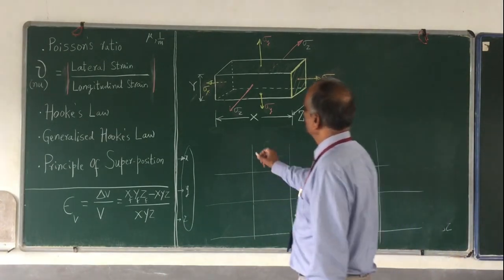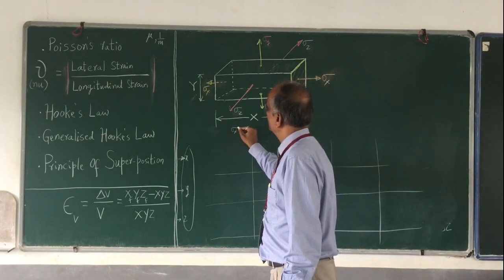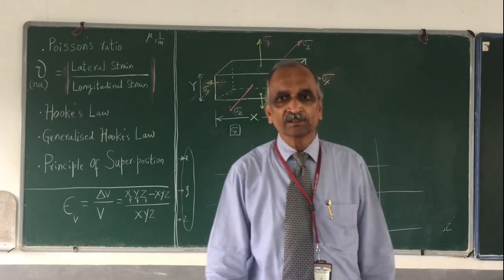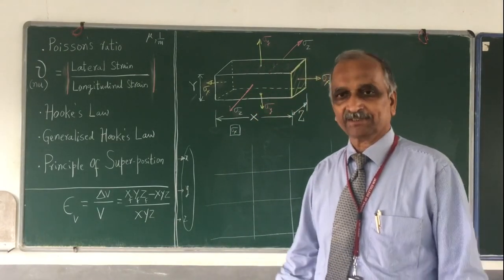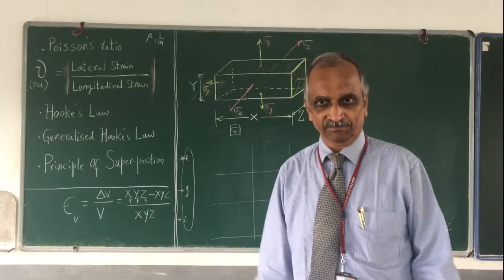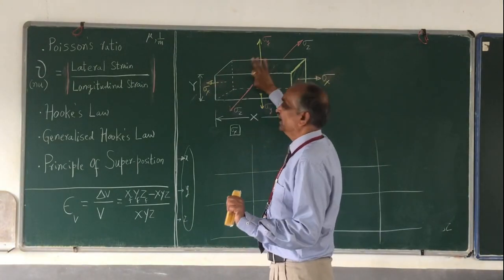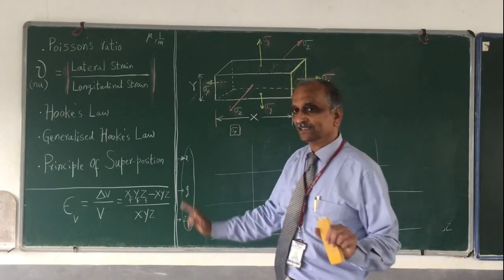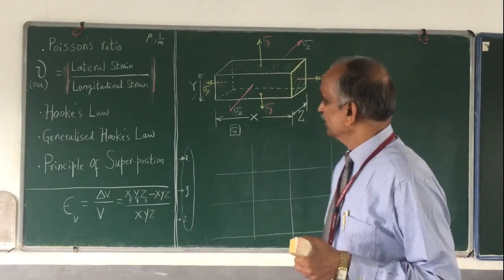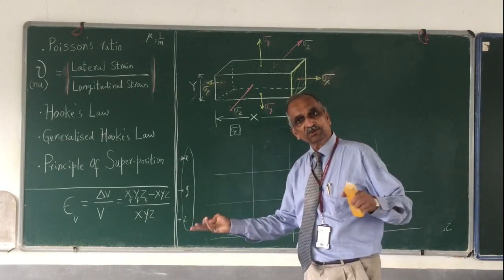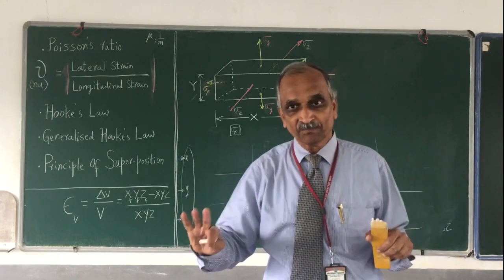Now, due to sigma x, I find the strains in the x direction, y direction and z direction. Due to only sigma x, I forget as if I don't have sigma y and sigma z. Please remember, sigma x along the x direction: is it longitudinal or lateral?